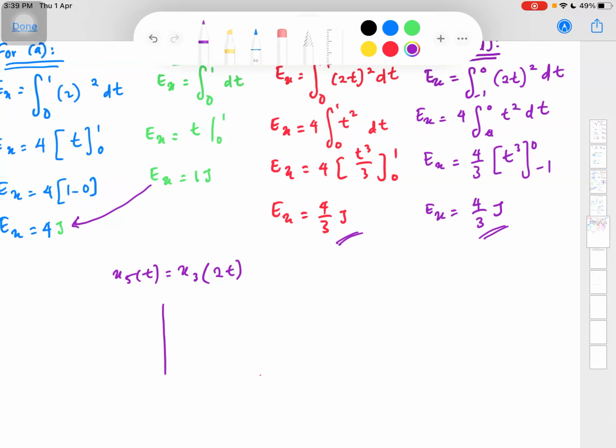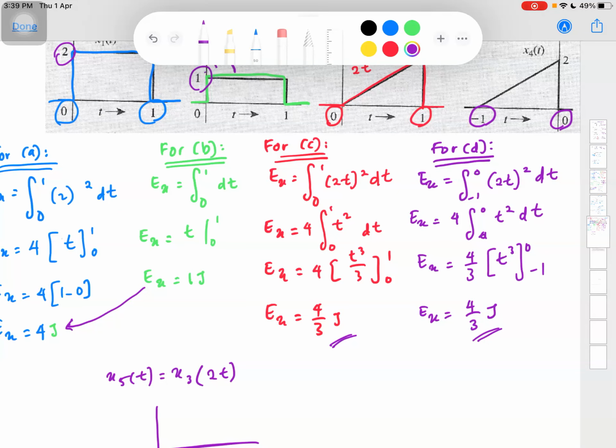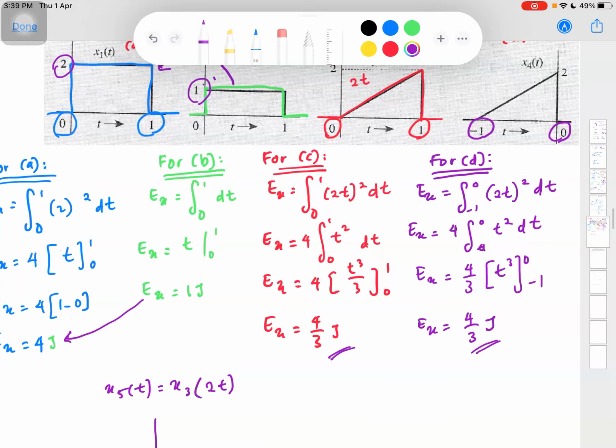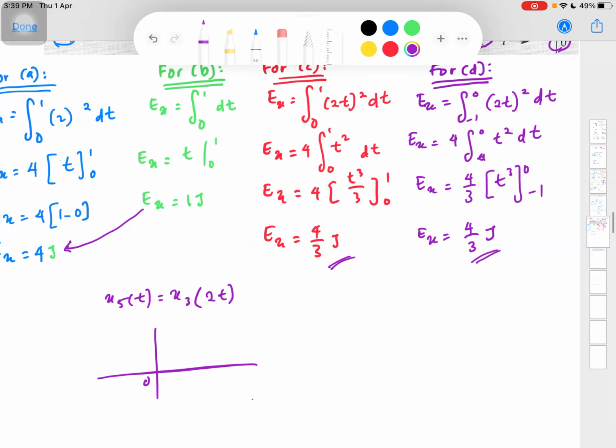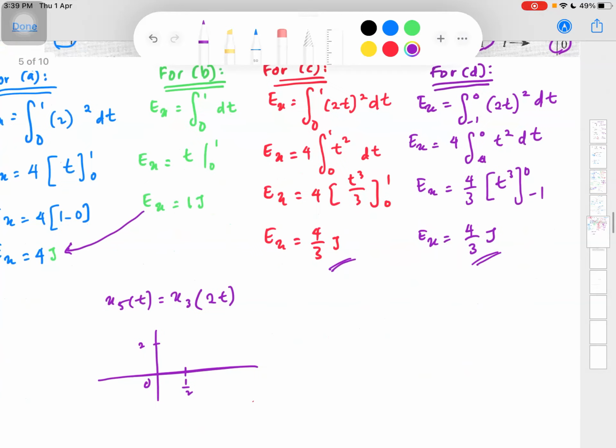So in this case, the 0 will remain at 0, but the time 1 here, because you scale by 2, will become half, and the amplitude stays the same at 2. Now you have a signal like this. If you calculate, the energy will be different, because now the signal becomes smaller.